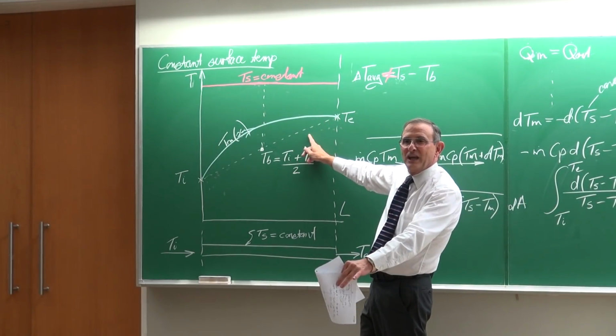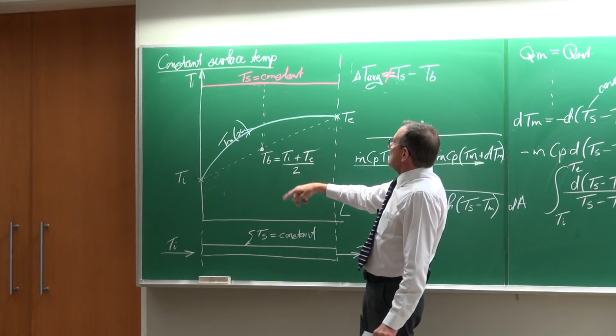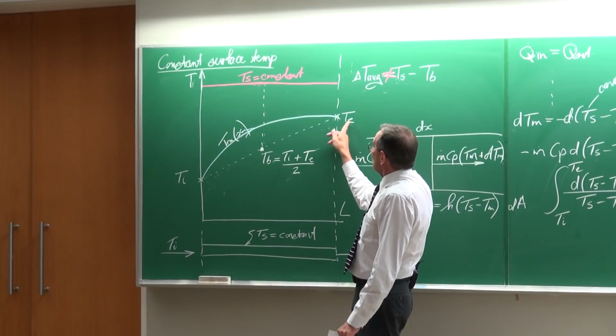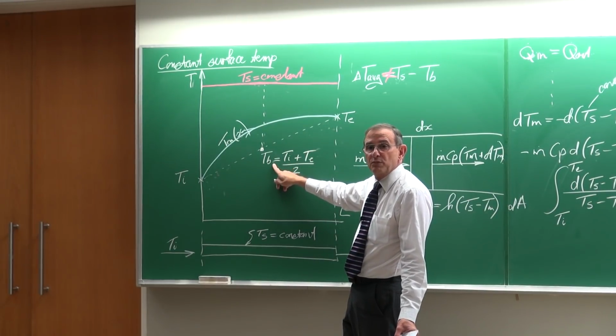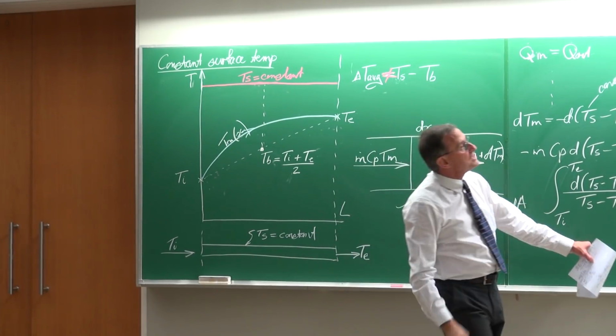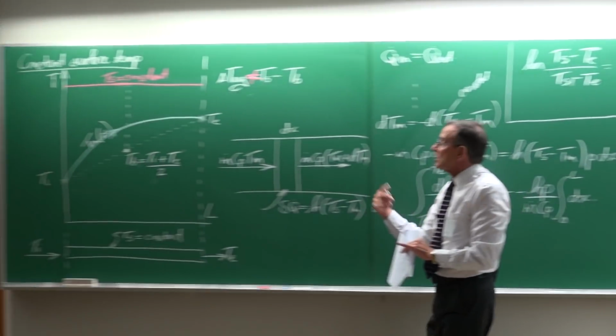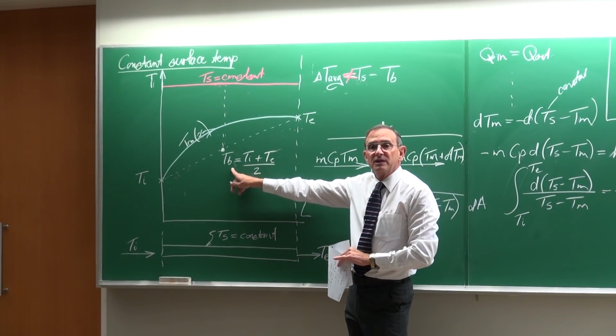So if you look carefully, you would see that the temperature change is very small. So normally, if we've got the outlet temperature, we still take the bulk temperature, and many of the experiments for getting the heat transfer coefficient are based on the fact that we use the bulk temperature.